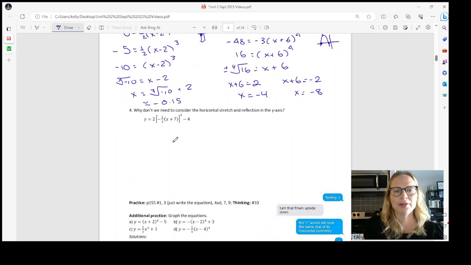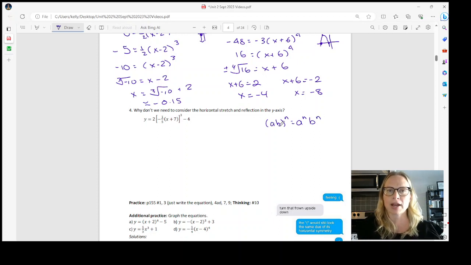So finally, why don't we need to consider the horizontal stretch and reflection in the y-axis? Well, this has to do with our properties of exponents. Say if we have a product raised to a power, we can actually put that power on each factor of the product. So here I've got an a value of 2, a k value of minus a fifth, and then our horizontal shift of 7 to the left, and minus 4 is our vertical shift down.